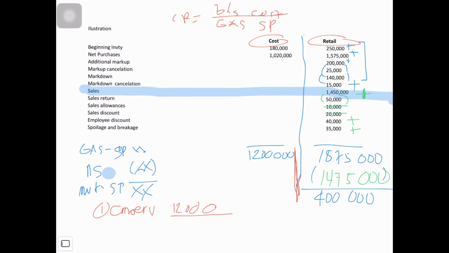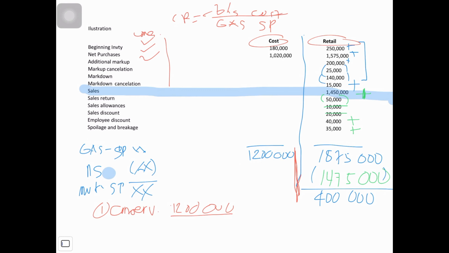It's 1,200,000. Now, the goods available for sale at selling price. This is conservative, guys. As I said, our markdown and markdown cancellation are not included. So, for conservative, beginning inventory is included. Net purchases are included.